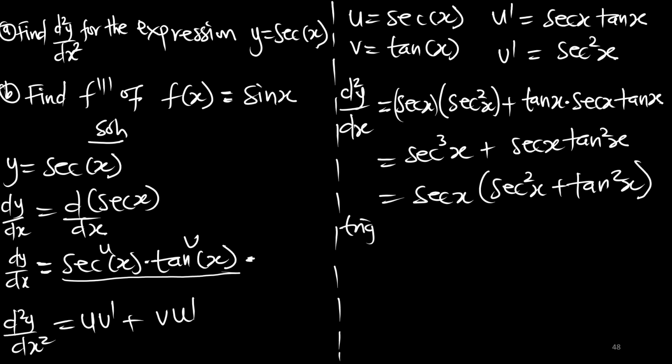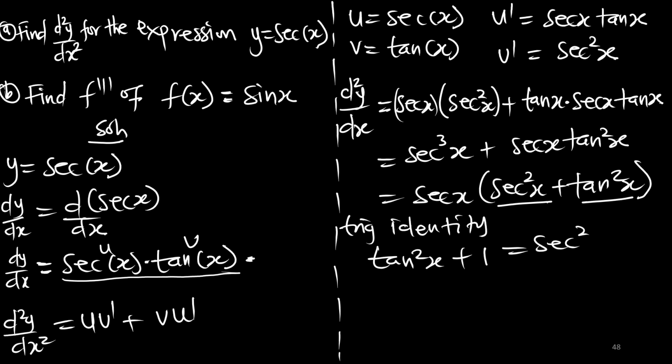And we have the trig identity or relation between sec square x and tan square x, which says tan square x plus 1 is always equal to sec square x. So from here, can we say that tan square x is going to be sec square x minus 1? I want to work in sec square x.